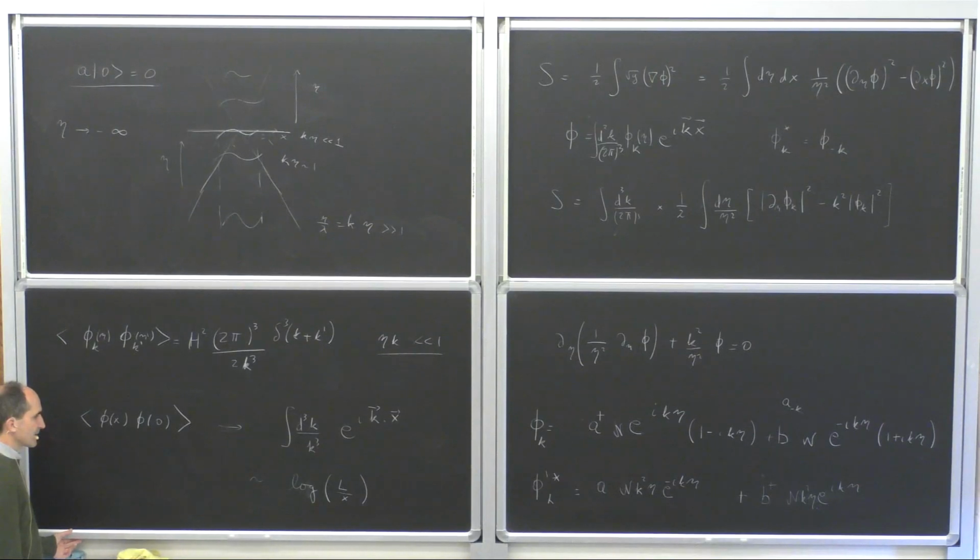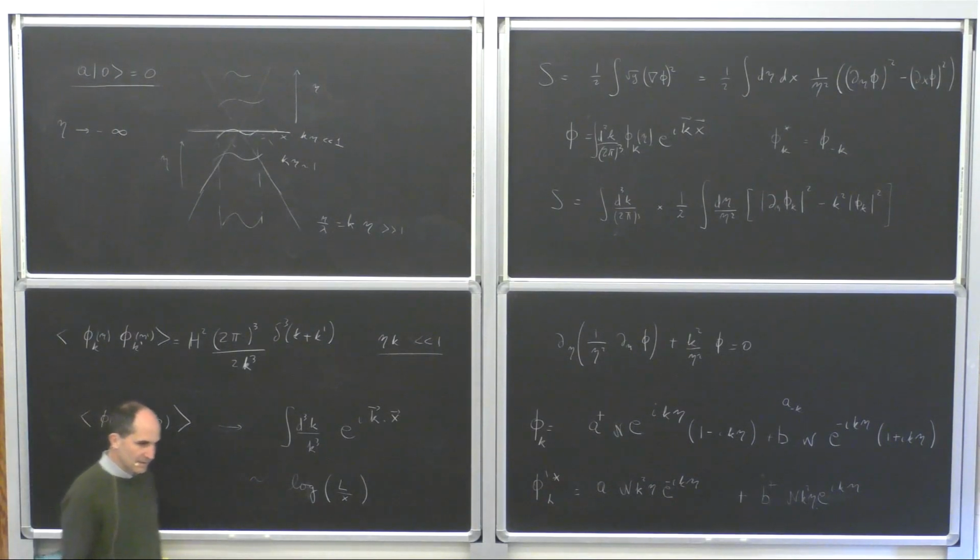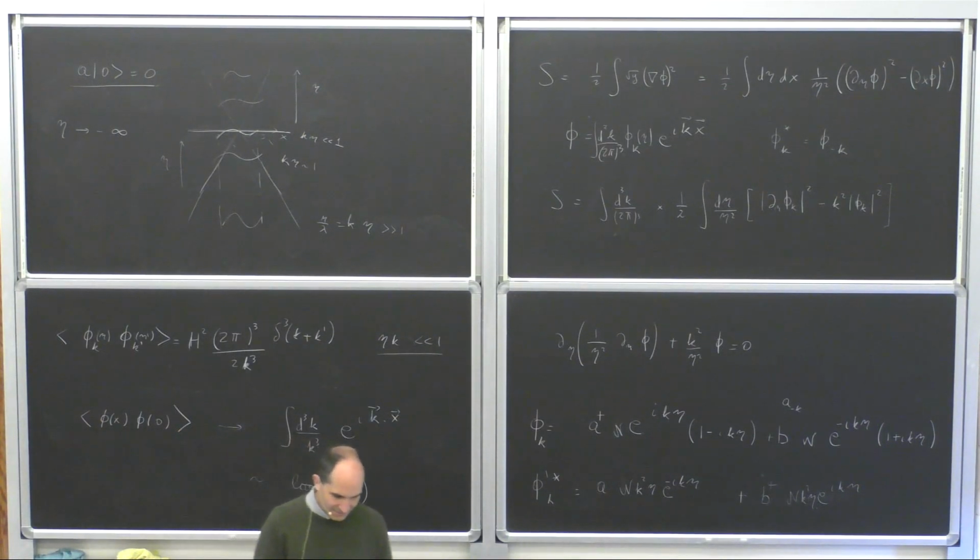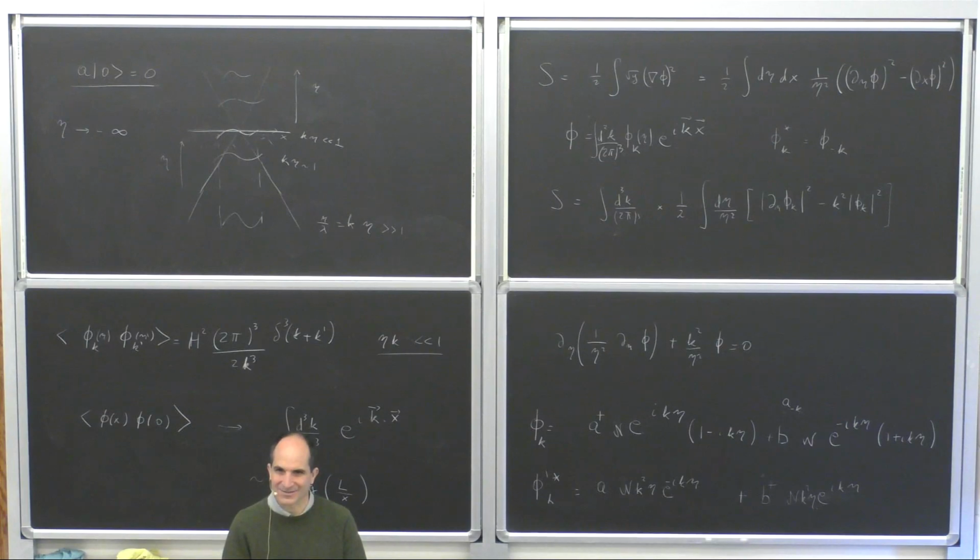Okay, and that's it. So the scalar field in de Sitter has this infrared divergence. It's a physical infrared divergence if we had a scalar field. So this state is not quite well defined, and we don't get well defined answers in position space.